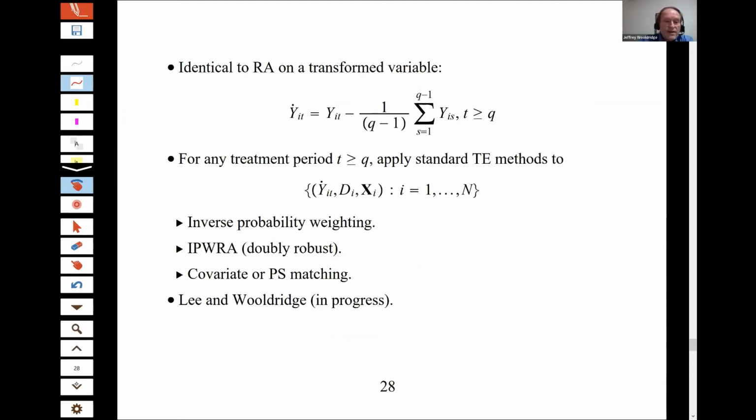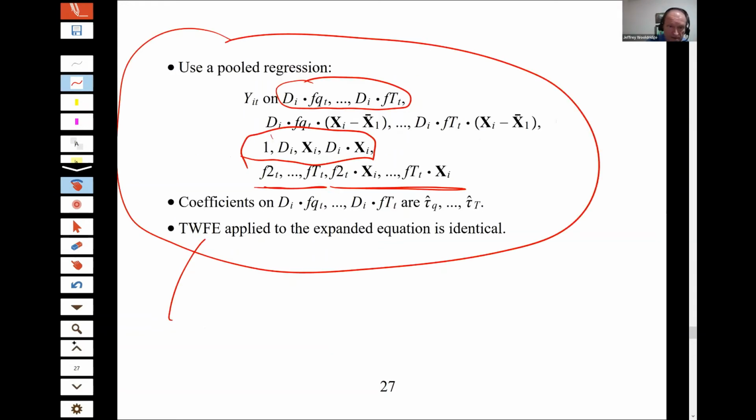Now, what I'm doing also with my student Sujiang is extending the differencing approach in the two-period case to this general case, and I'm really enthusiastic about this work, because what we've shown is that you can reproduce these estimates here.